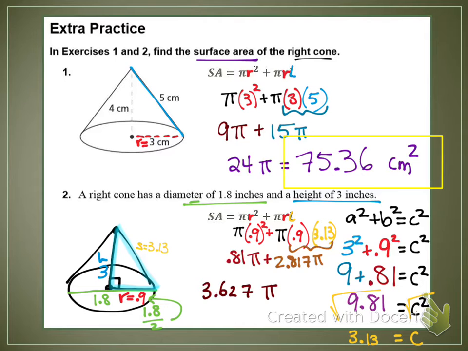Is it 3.627? And then times pi. So we added these two numbers together and then put pi. And now we multiply, we get 11.39, and this is surface area, where is it? Inches squared. So that is surface area.